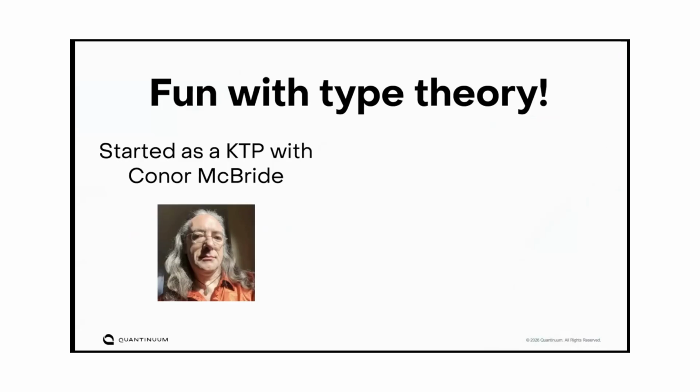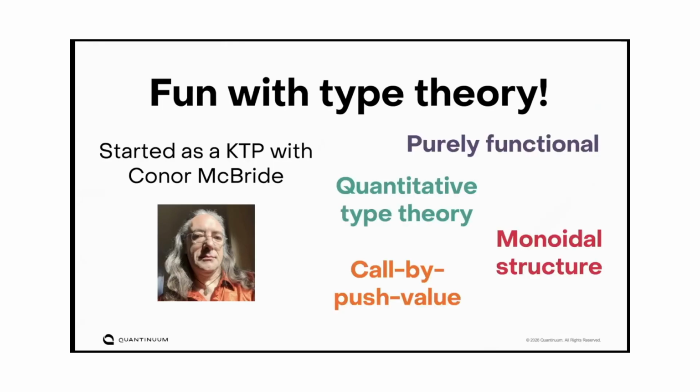And then later on, some more people joined. Basically the pitch is, what are fun ideas from classical PI theory, which Conor is a big expert in? Can we apply some of that stuff to quantum and build a nice language? I put some buzzwords here. It's purely functional, and more things, but I will get into detail on what those mean later on.